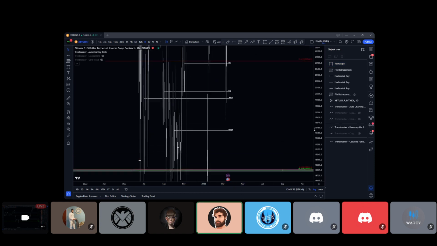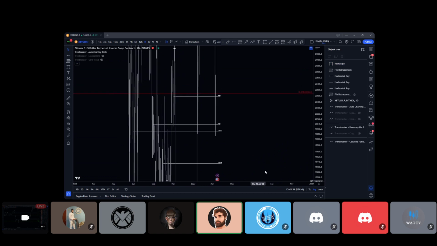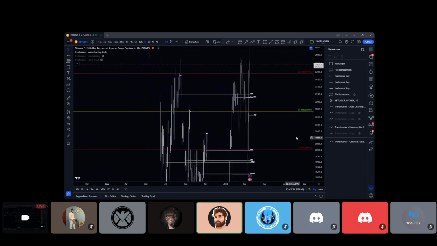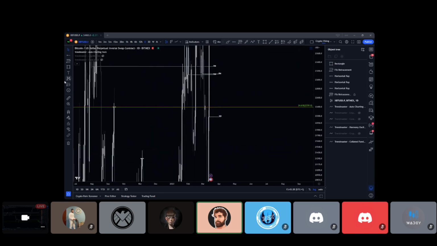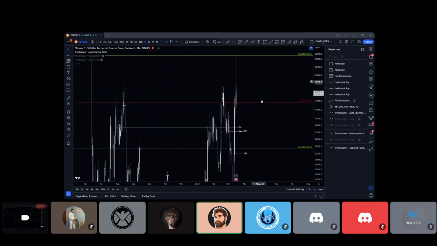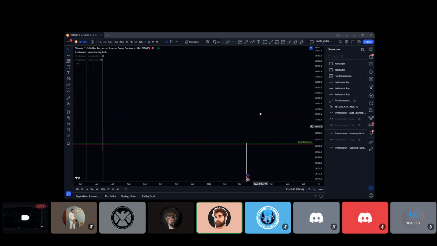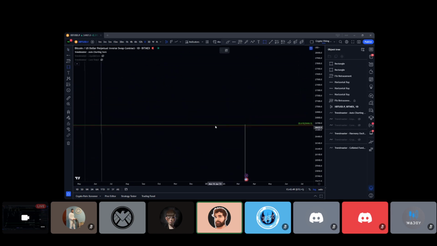Okay, so get it as accurate as you can, because then it'll give you a better perspective. So what's the next level up? We have this thing. What's the level we don't want to lose? Probably that. And the reason we're creating these little zones, these little boxes, is because now it's telling us these are probably the most effective levels on the entire chart, as far as gaining, losing, failing.